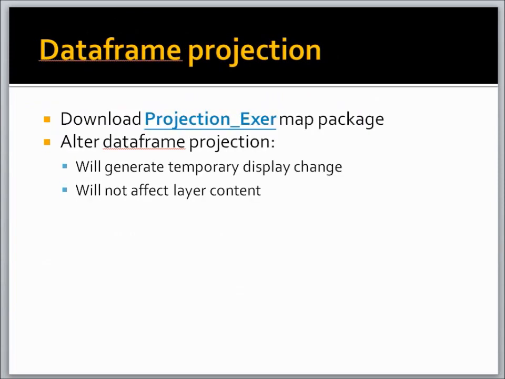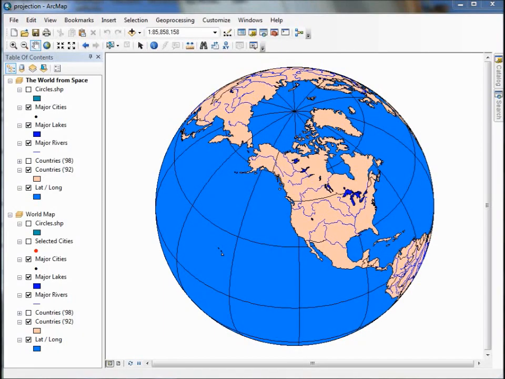For the data frame projection, please download the lab exercise package and open it. After you open up the map package, you can see there are two data frames here. One data frame is called the world from space, the other called the world map.